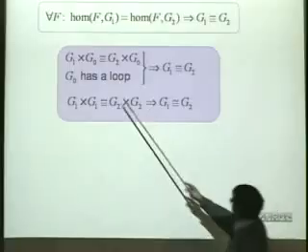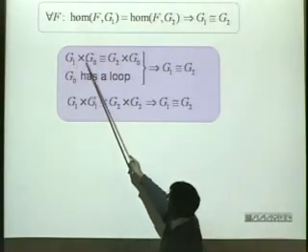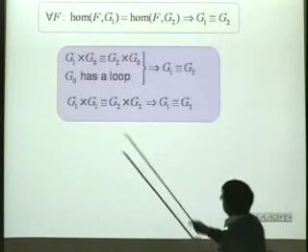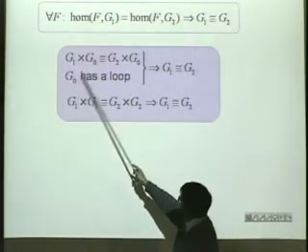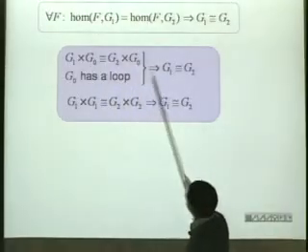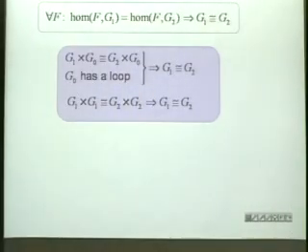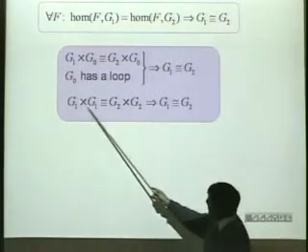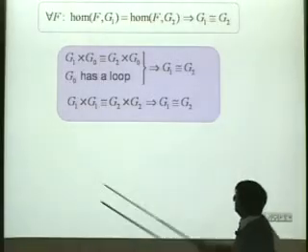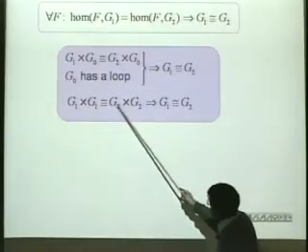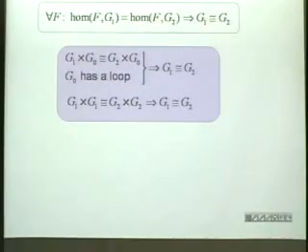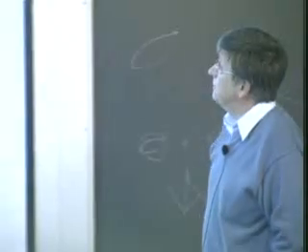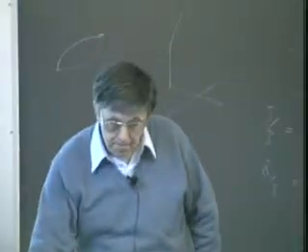So, for example, if you take the direct product G1 cross G0 and G2 cross G0, and you know that they are isomorphic, and you make an additional assumption that G0 has a loop, then you can cancel G0 and it follows that G1 is isomorphic to G2. And if the square of G1 with respect to this direct product is isomorphic to the square of G2, then again it follows that G1 is isomorphic to G2.